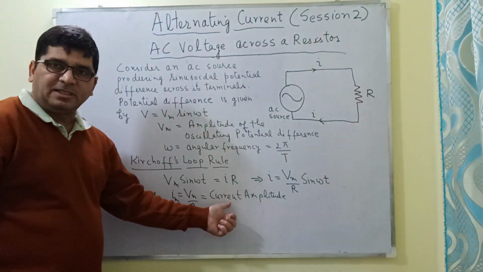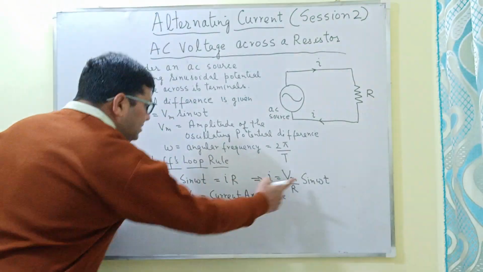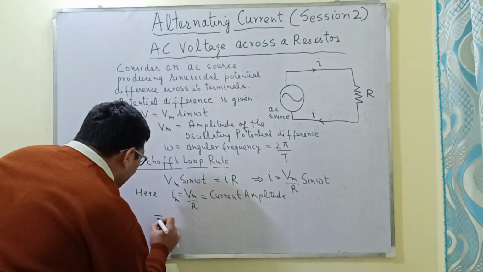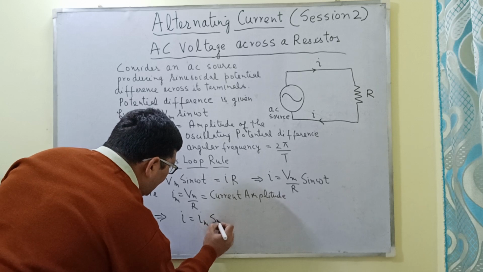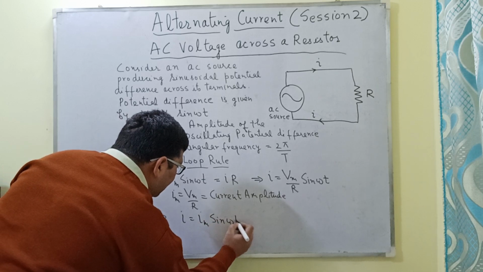So this equation can be written as I is equal to Im sin omega t.